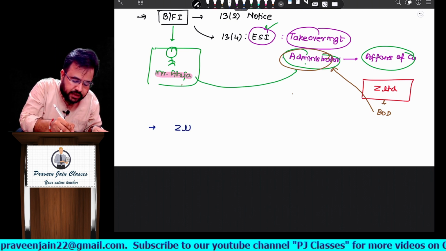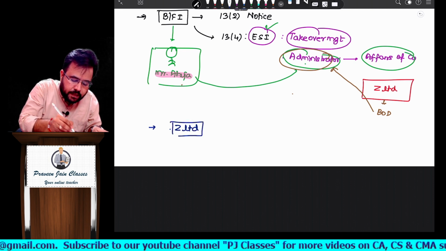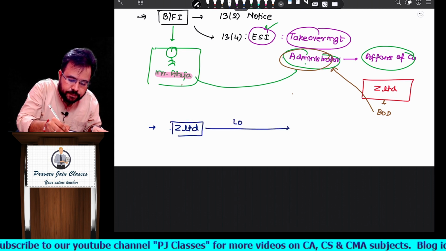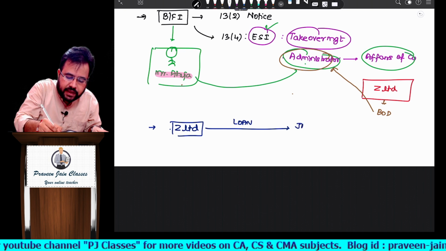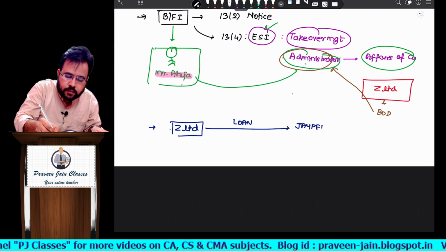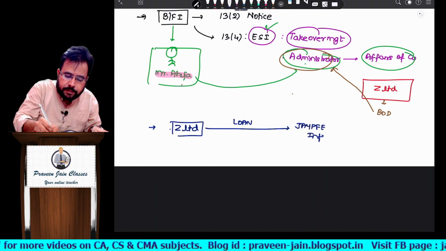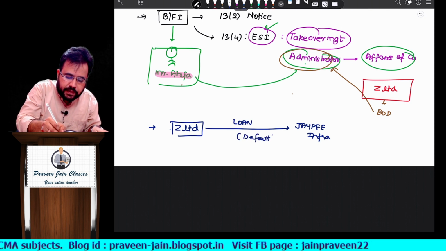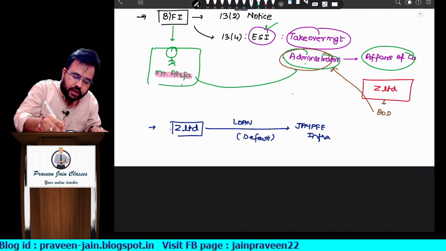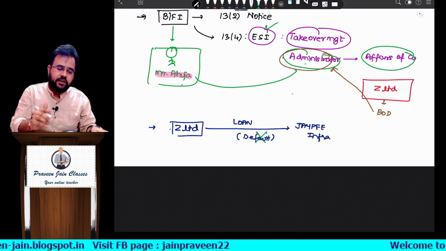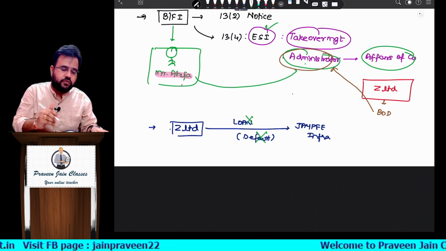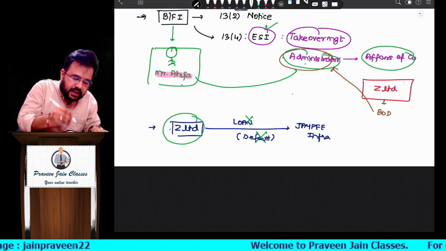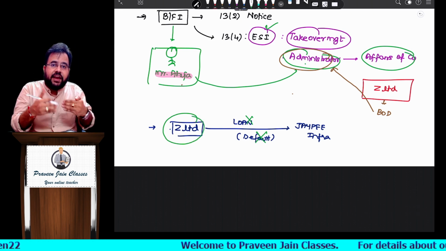Okay. Now, sir, let us take our example in this manner. So imagine today Z Limited has given a loan to JP Infra. Sir, JP Infra has defaulted, sir. Okay, very good, sir. So they have defaulted, sir. They did not repay the loan, sir. So now can I say Z Limited, now we have to file an application, sir.